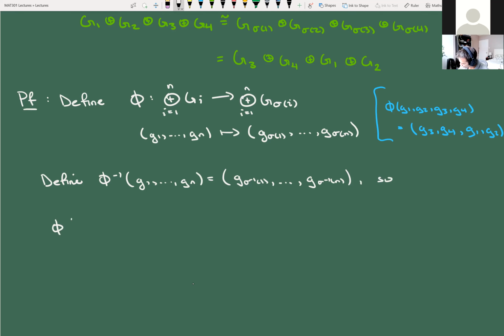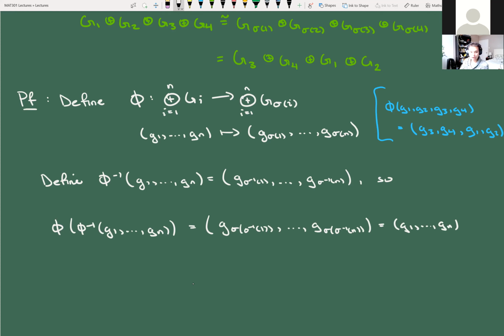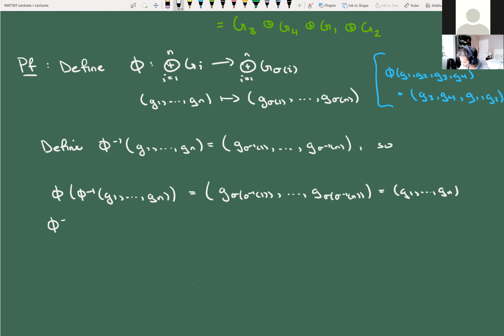And if you compute phi of phi inverse, you're going to get (G sigma inverse of 1, ..., G sigma inverse of n), which is (G1 through Gn). Okay, therefore phi is injective, right? That's actually what I did here. Or sorry, this is actually surjectivity, so phi is surjective, and then the opposite direction.